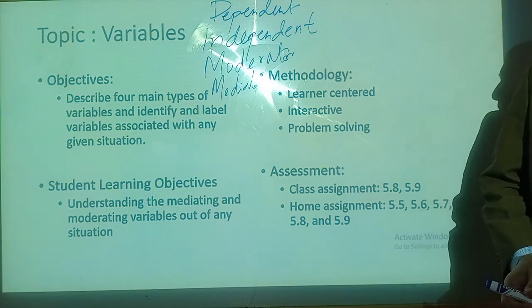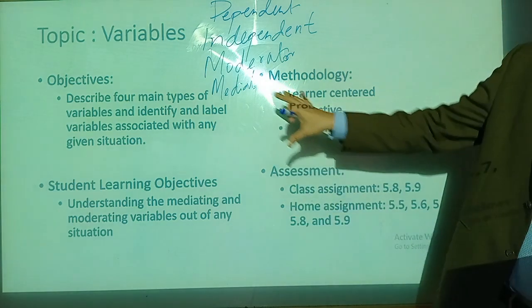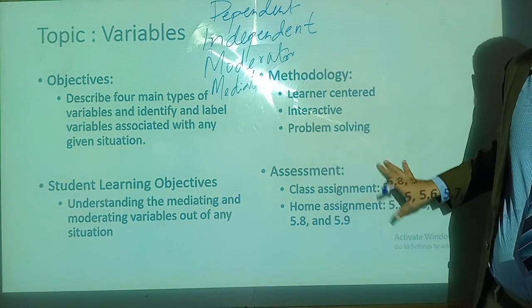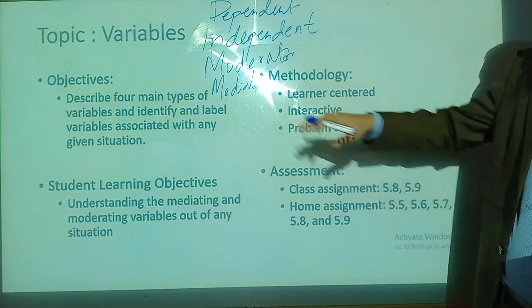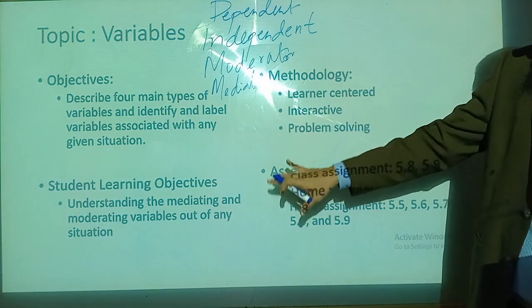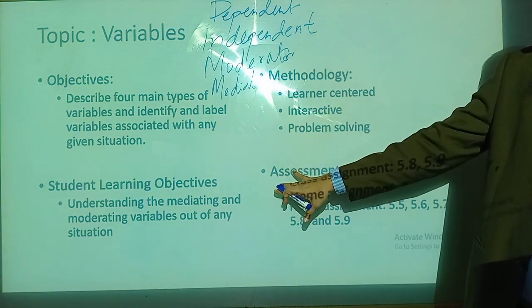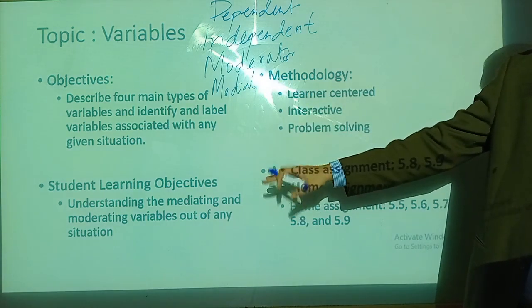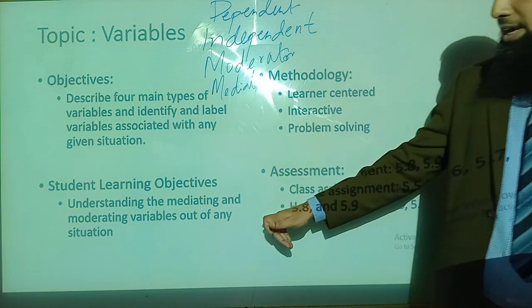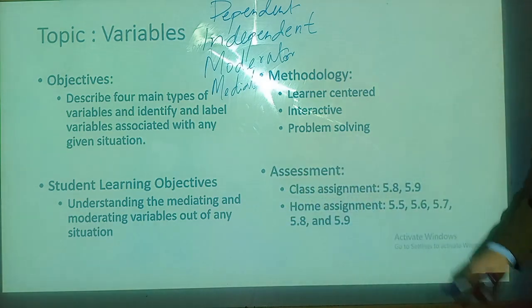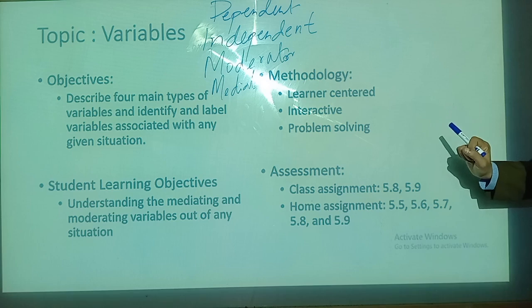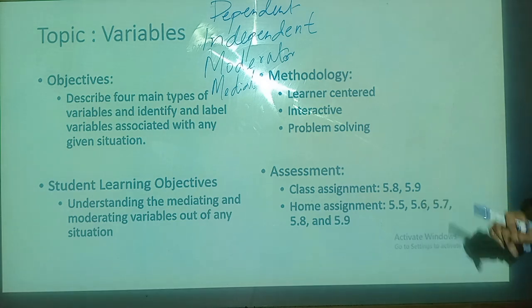So if you see, this is what we are describing in the whole topic. Objectives are there. What are the objectives? The student learning objective, SLO, is understanding the different variables, and we will be learning centered, and your class assignment I will be giving you after a while.